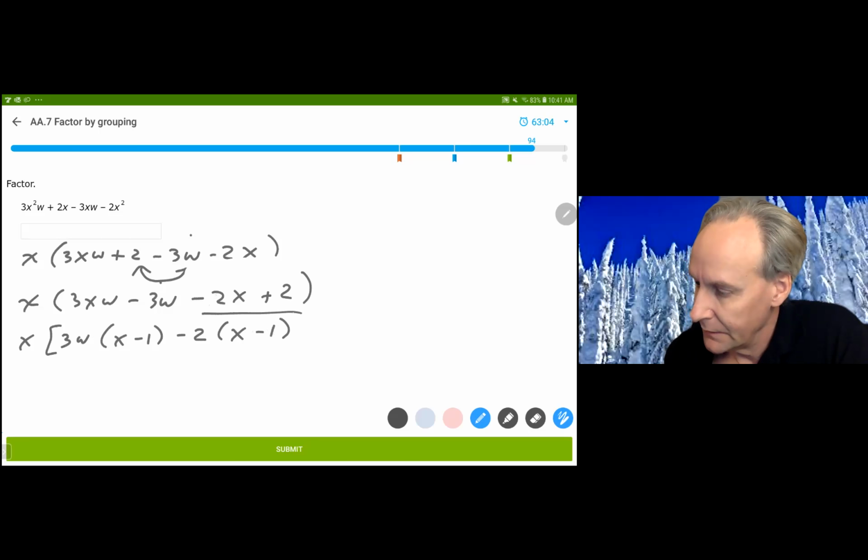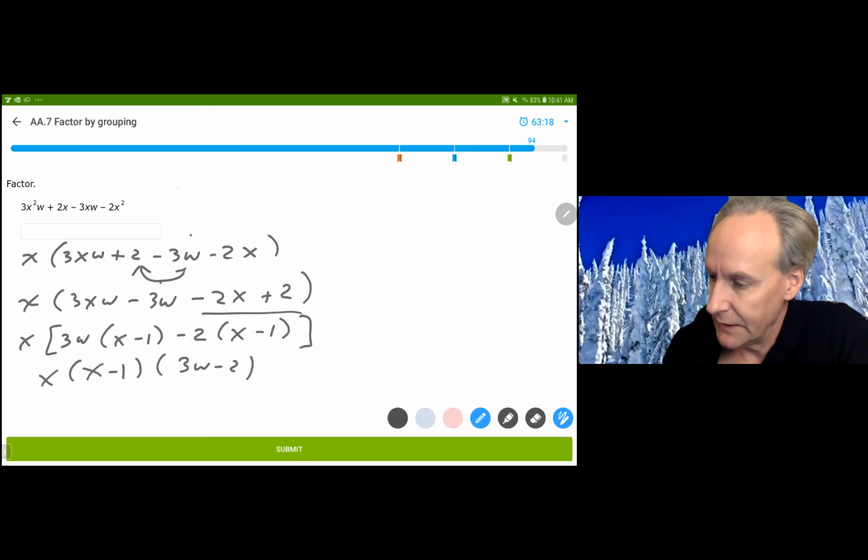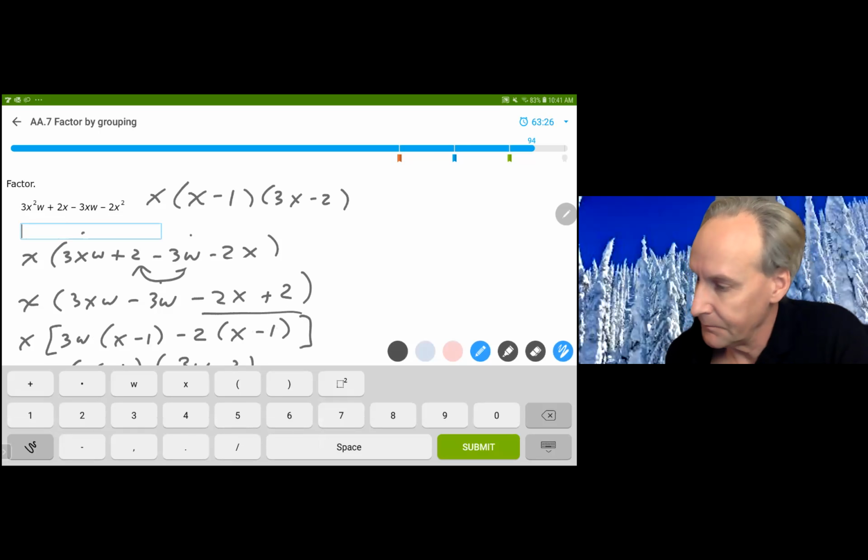Yep. See, that negative 2 makes that a positive 1, 2 there. And then I can take out my x minus 1. Man, I have a bunch of stuff going on. 3w minus 2. I'll write it up here. X minus 1 and a 3w minus 2. There, that makes it easier when I start putting it in.